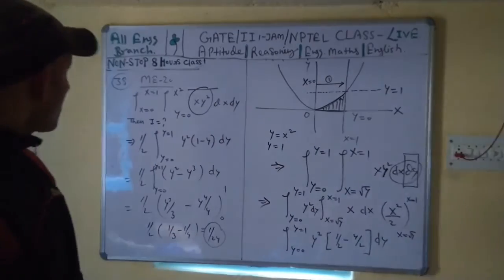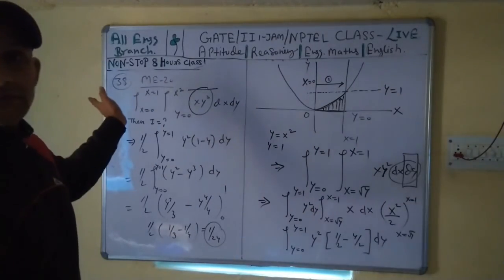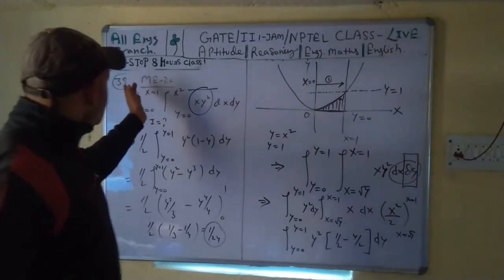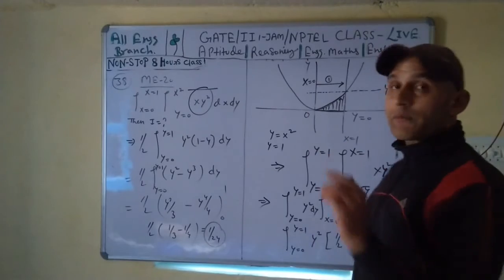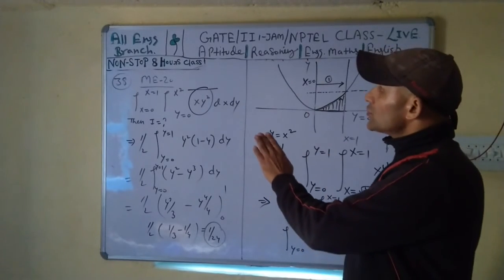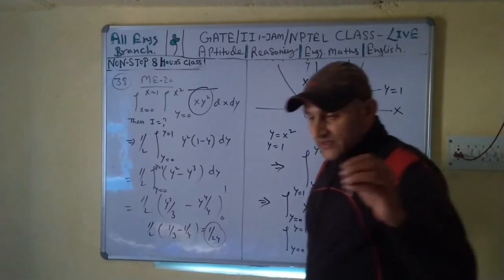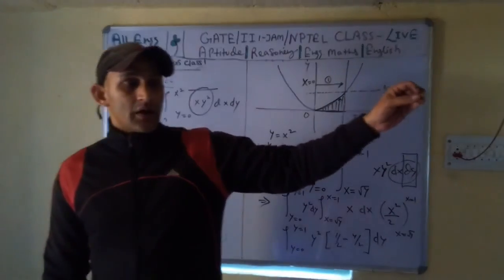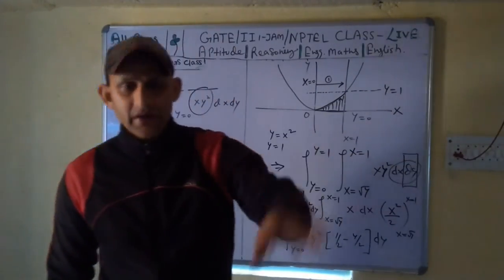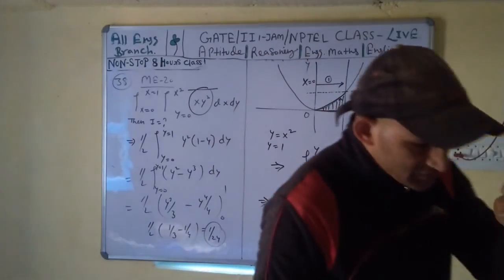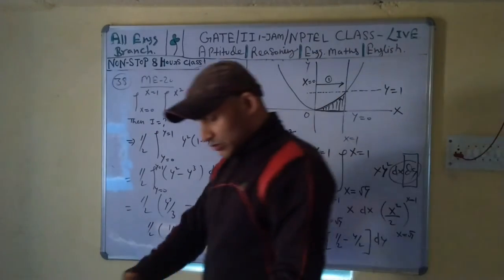In the previous question, question number 38, we have solved the maxima minima problem. You must go. Already we have uploaded such types of problems in the channel. That name is Albert Joshi. You must go there. There are more than 600, more than 10,000 problems we have solved. So go there.